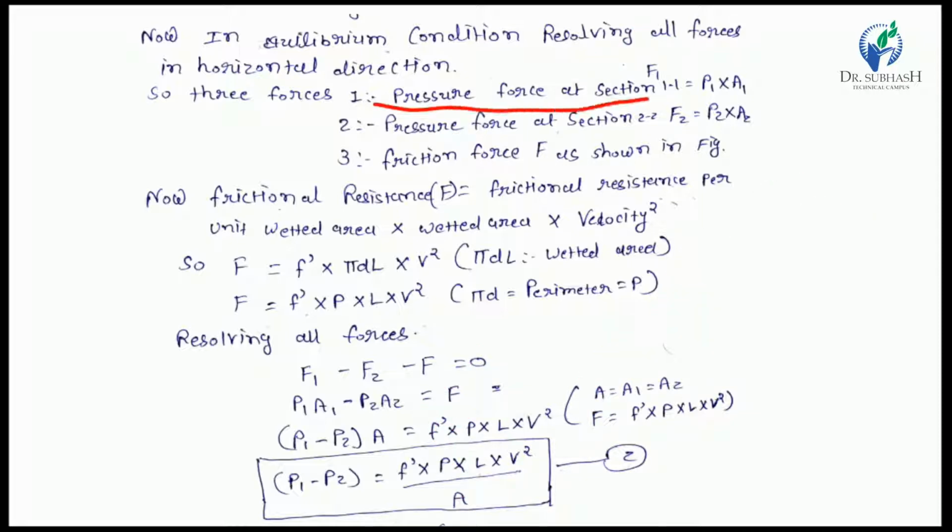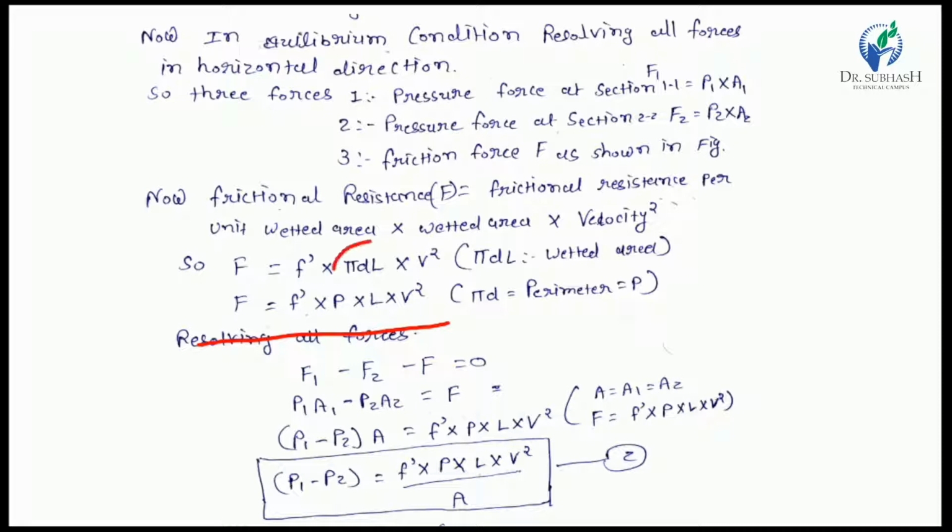So at section 1, the pressure force is P1A1, and the pressure force at section 2 is P2A2. Frictional resistance force is equal to frictional resistance per unit wetted area into wetted area into velocity square. Mathematically, that is F dash, wetted area pi d L, and velocity square. This is experimentally proven by scientists.